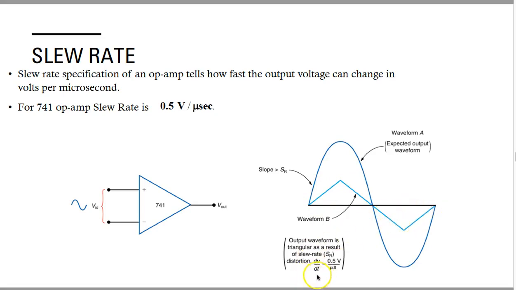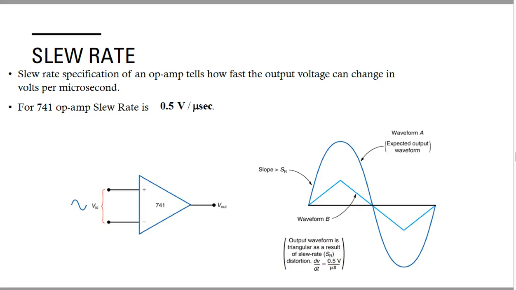Now here, this is the formula for slew rate, dV by dt, rate of change of voltage upon rate of change of time, which equals 0.5 volts per microsecond. And this is for the 741 op-amp. If you are working with other types of op-amp, then this value may be different.